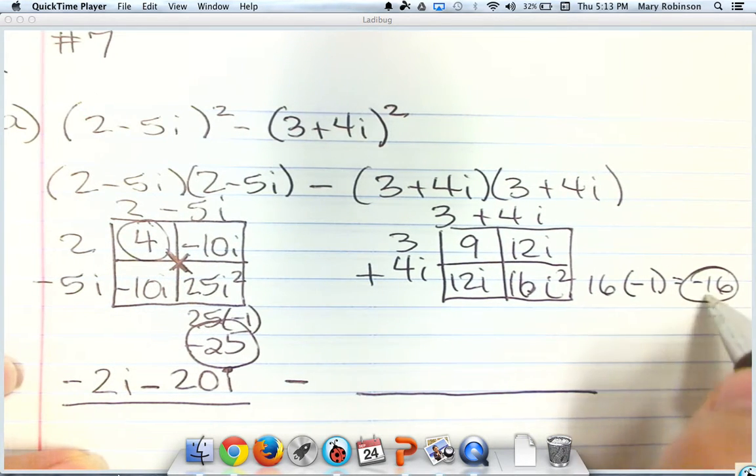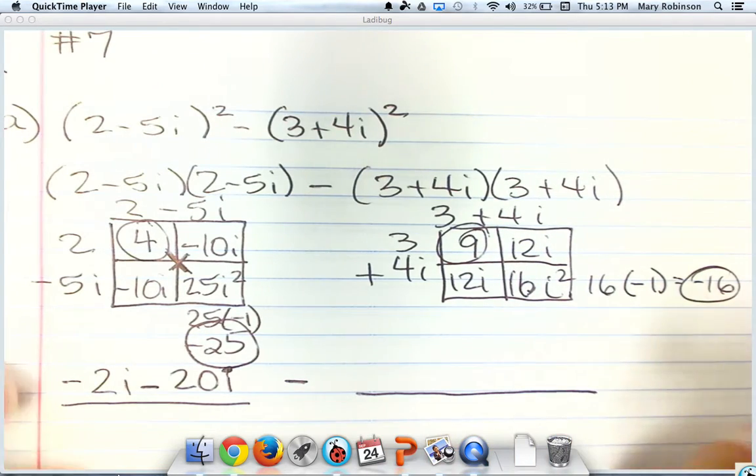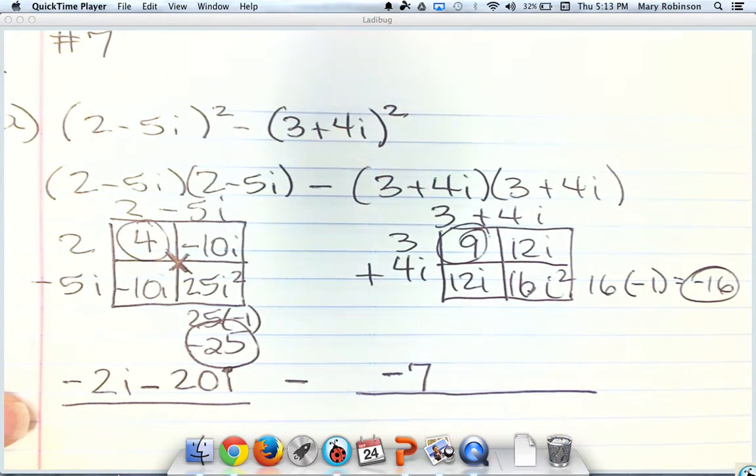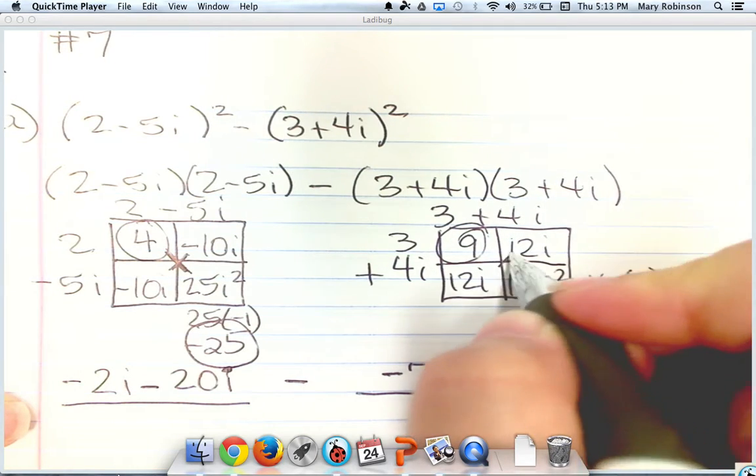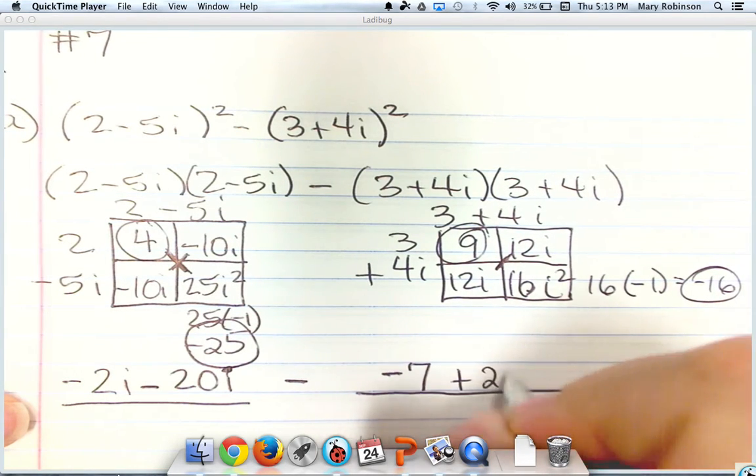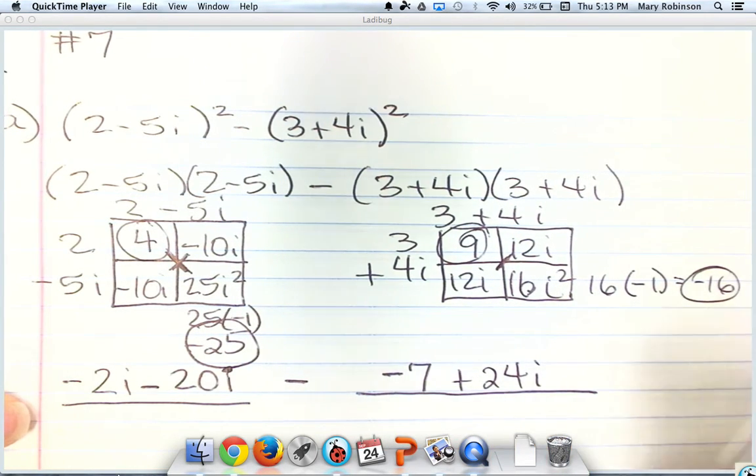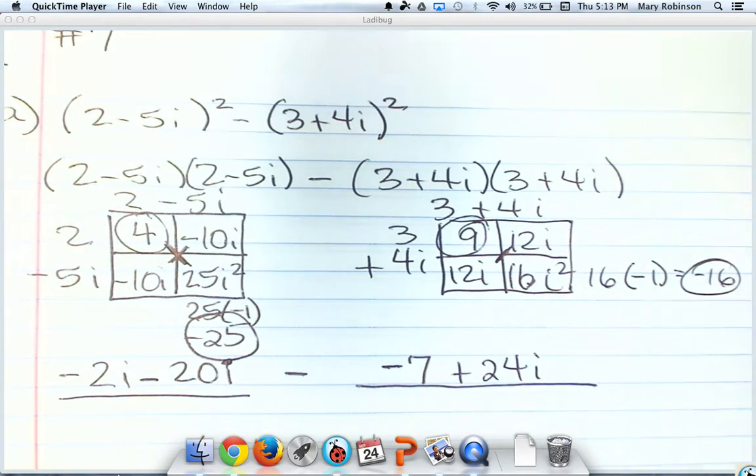So I'm going to combine negative 16 with 9, which is negative 7, and then 12i and 12i add to make 24i.